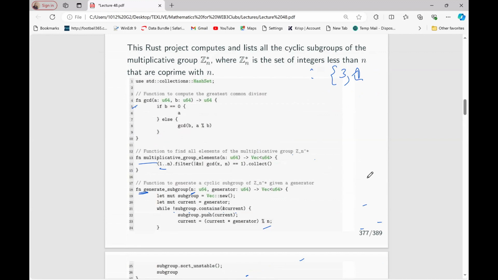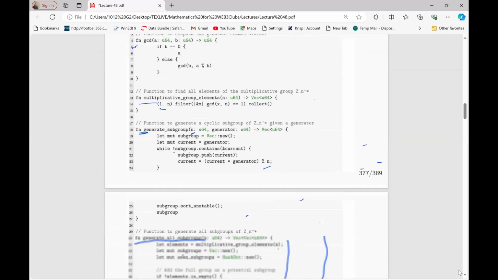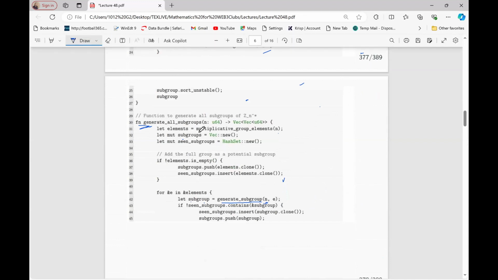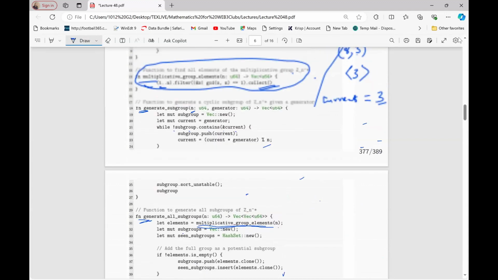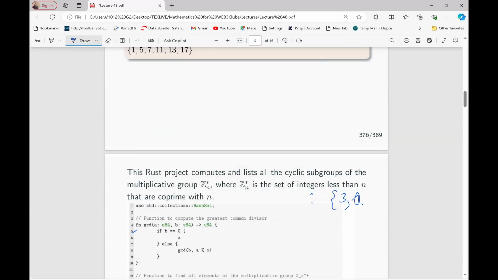Now, apart from calling on that, it also calls on multiplicative group elements. And the multiplicative group elements is here.